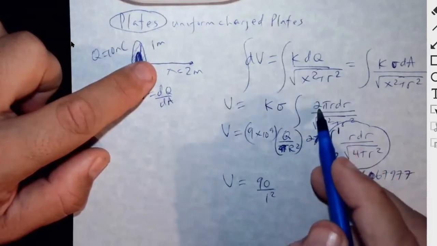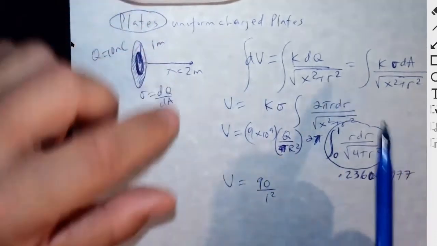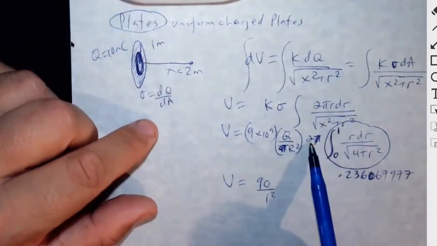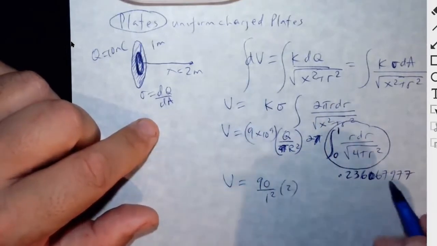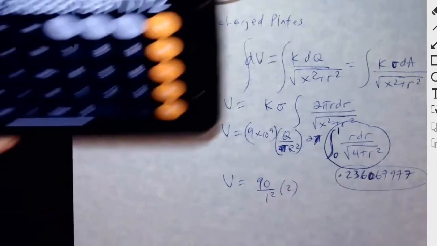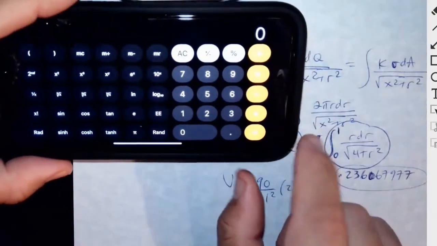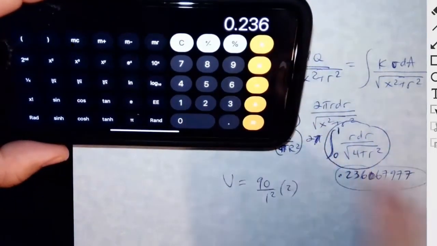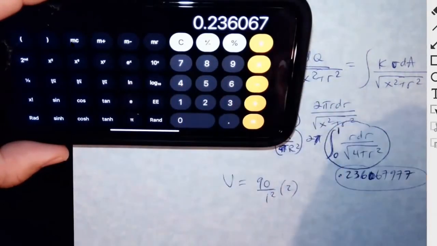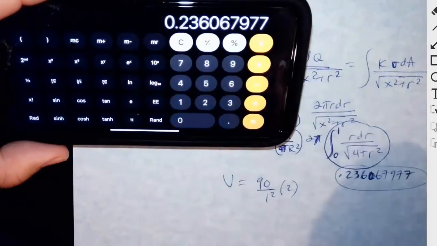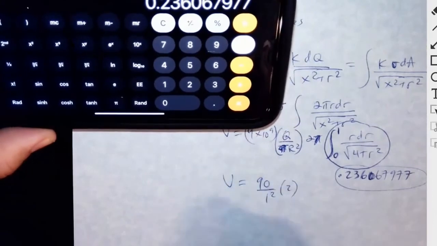Where did this 2 come from? Oh, okay, 2 pi r. So it didn't come from doubling something. You just sometimes have to look at your steps to see where it's coming from. It's just the 2 pi r dr. So then it's that times this. You multiply 0.236 by 0.67977, times 180.